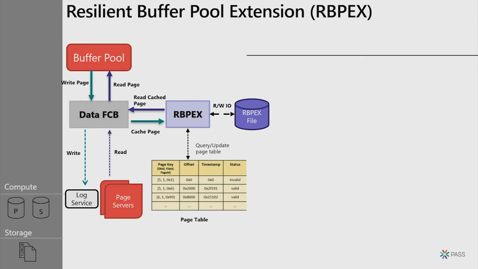So RBPX is this caching layer on compute. It's a non-covering cache, and it effectively is a layer that intercepts this I/O. The buffer pool interacts with the data via this data FCB, which is a file control block. When a write page request comes, it writes to the xlog service.